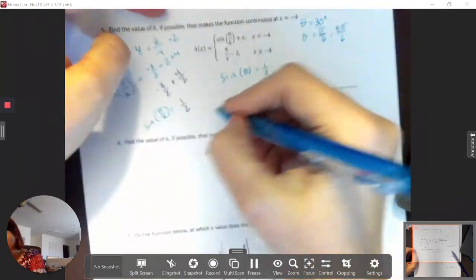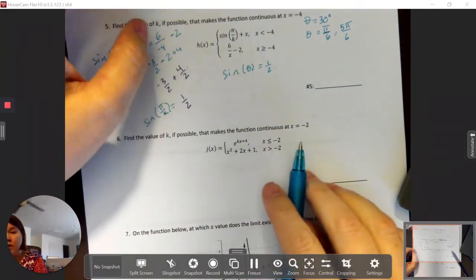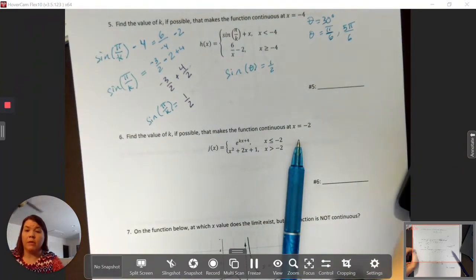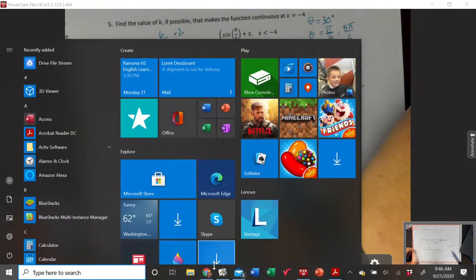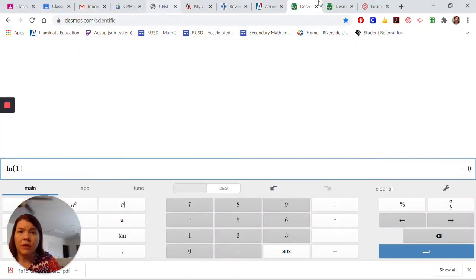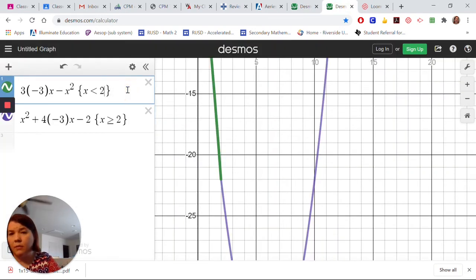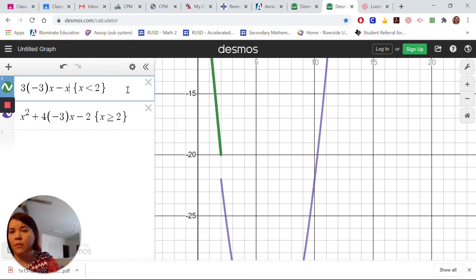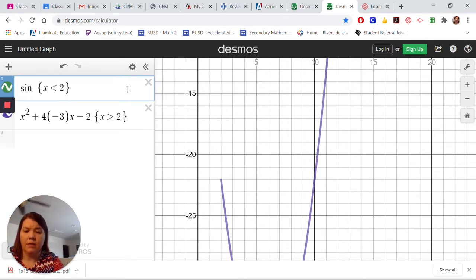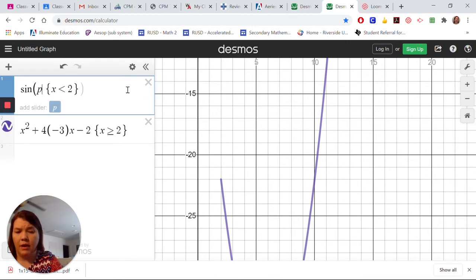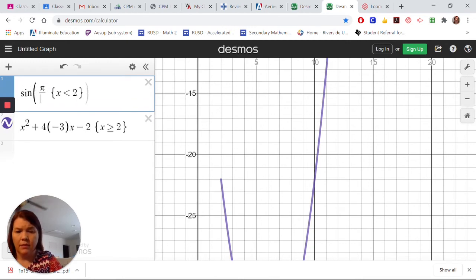So what we want to do then is kind of look at where this is happening. So those are my two values, Desmos graphing calculator. I have the sine of, we're going to go with pi over 6. Because that's just, oh, it's just going to be a number.